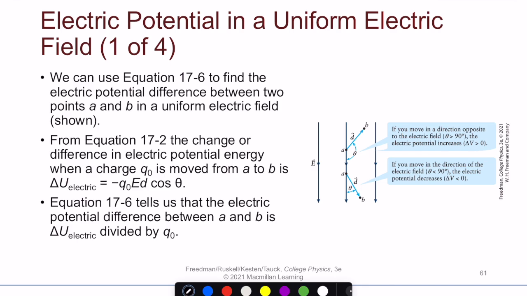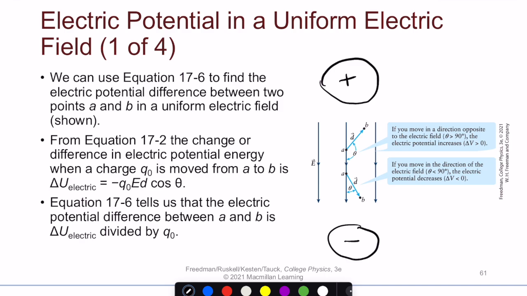That electric field could be created by a positive charge up here because we know that electric fields point away from positive charges, or that electric field could be created by both a positive and a negative charge separated by some distance, okay? So there are charges here, but we don't talk about them because when we look at the electric field, we know that they are created by charges.